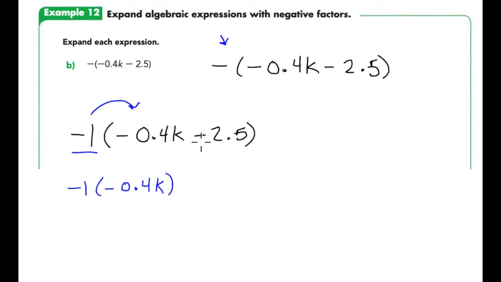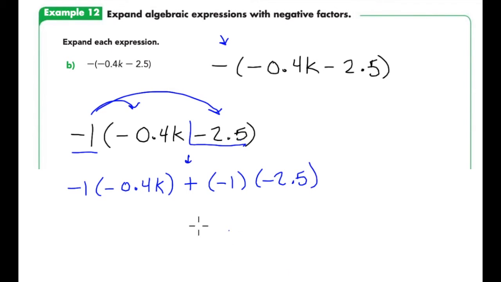And now because this is a minus sign here, I'm going to rewrite this as plus a negative, and that allows me to bring down my plus sign here. And now we're going to multiply, because this became plus a negative, that's going to be a negative 2 5/10. So this will be a negative 1 times a negative 2 5/10.